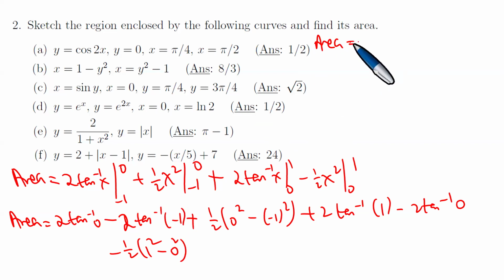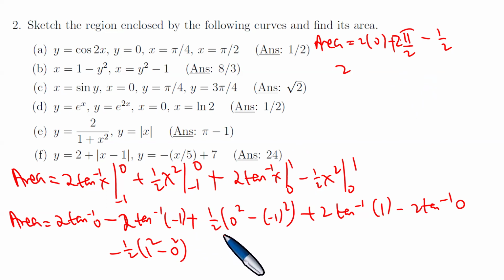Arctan 0 is 0. This negative and negative becomes a plus. The arctan of this is going to be pi over 2. And this one is going to be 0, and then this one is going to be -1. So it's going to be like minus 1/2, and then this one it's 2. Even here there's a 2. But it's a plus.